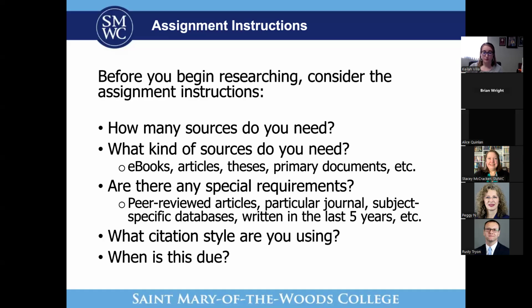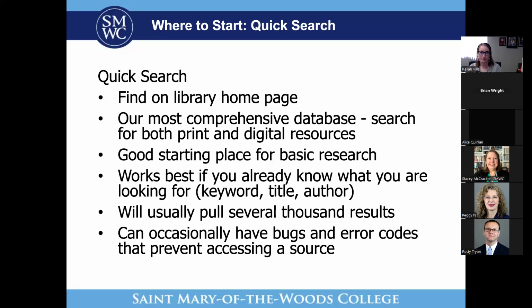If a student is working on an assignment and it's due tomorrow, maybe they procrastinated, then it really wouldn't be a good idea to try to look for things via interlibrary loan. We are going to need things that are full text. However, if an assignment is due 2 or 3 weeks in the future, then there would be adequate time to be able to use interlibrary loan resources. So these are just those starting points that we'll use as we go into the search.